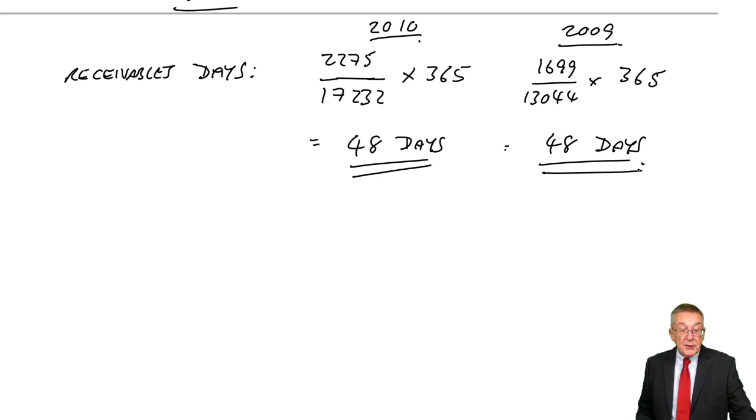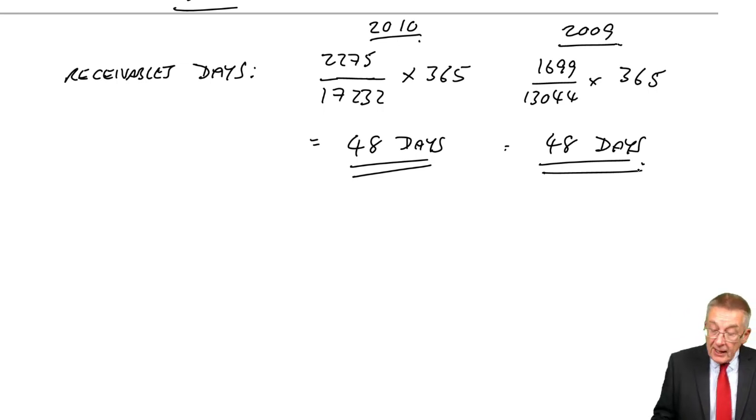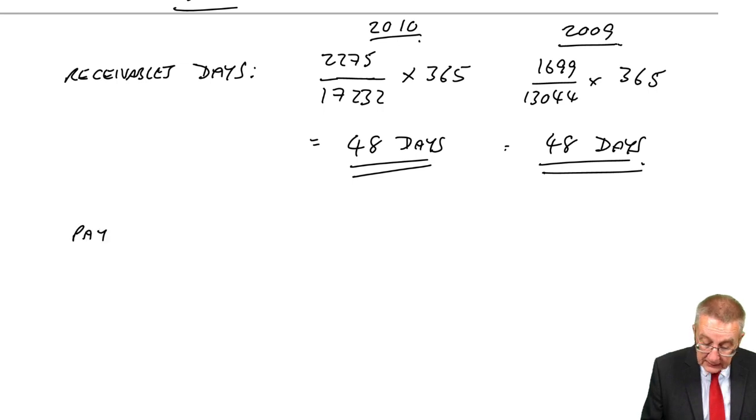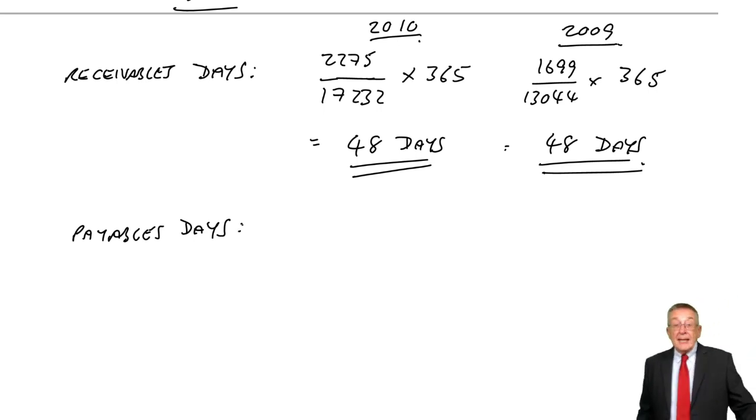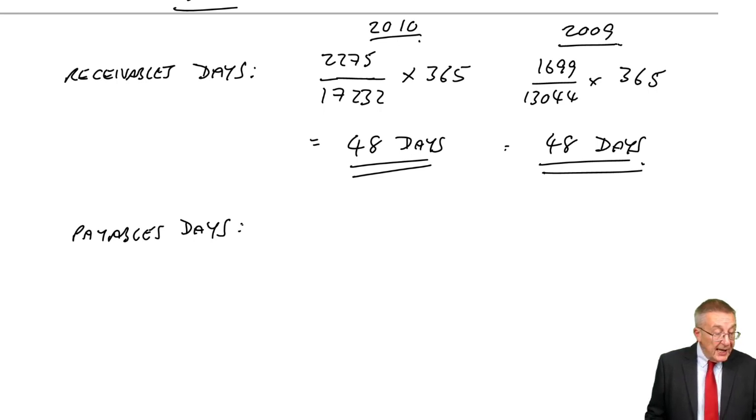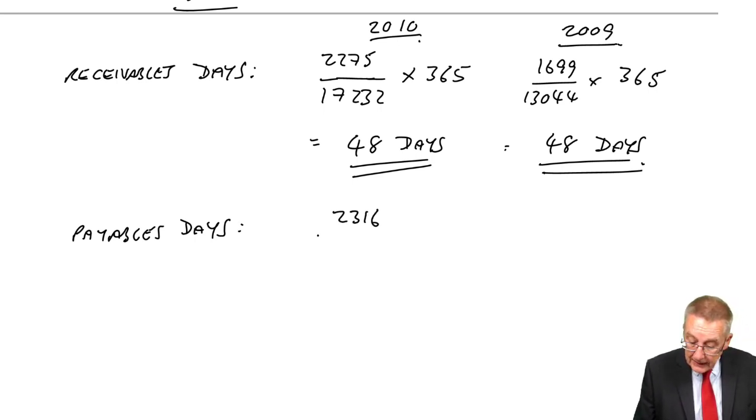Well, in exactly the same sort of way, for the same sort of reason, let's look at the average payment period, or the payables days. And exactly the same sort of logic, for payables days, the payables in 2010 are 2316.